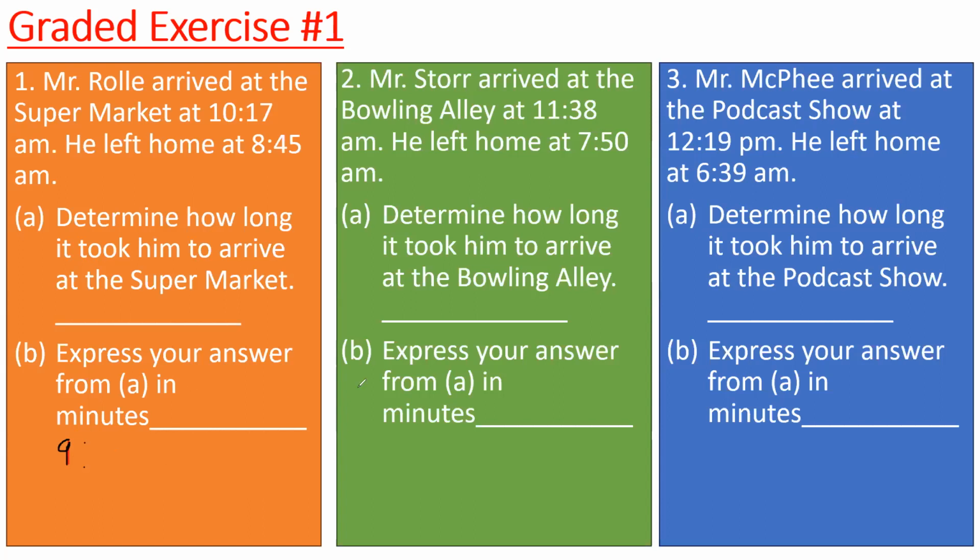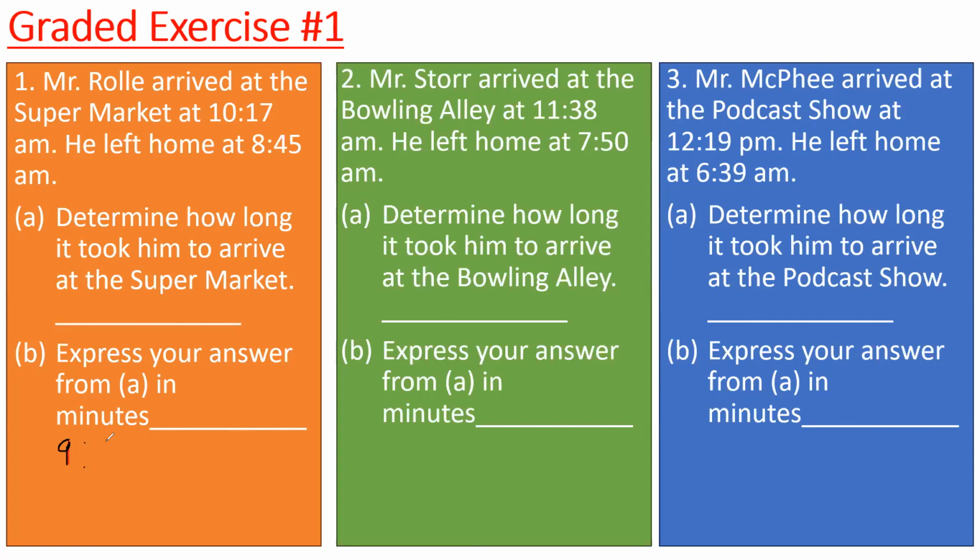Under hours you will have 10 and under minutes you will have 17, and you're going to subtract 8:45. 7 take away 5 is 2, but we can't take away 1 from 4. So we have to borrow 1 from the 10, which gives 9, and we carry the 60 over to the minutes.